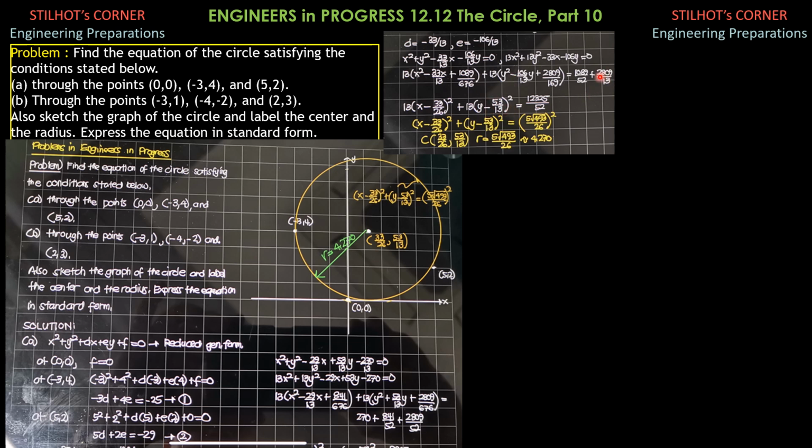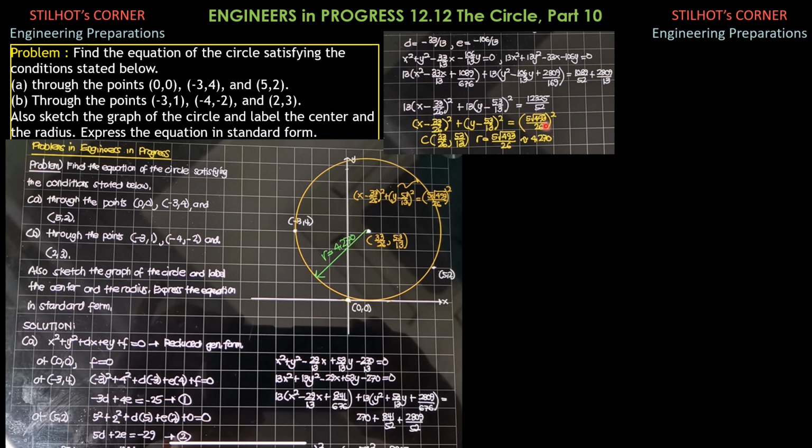Then equals, combining these two, that's 12,325 over 52. Then we divide everything by 13, so we have quantity x minus 33 over 26 squared plus quantity y minus 53 over 13 squared equals quantity 5 square root of 493 over 26, quantity squared.